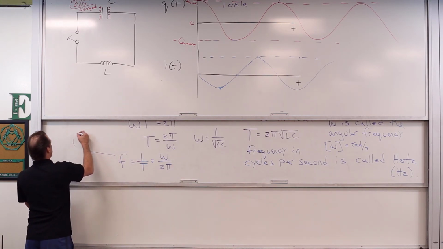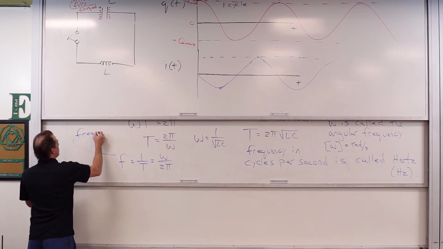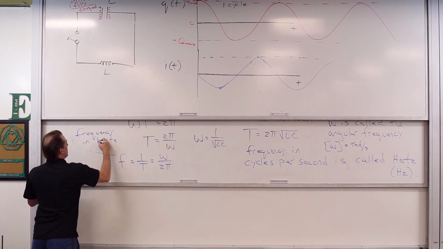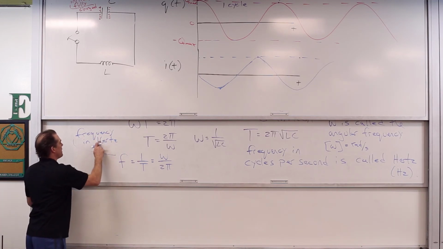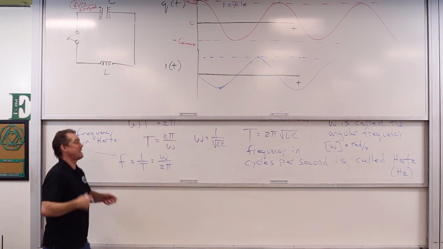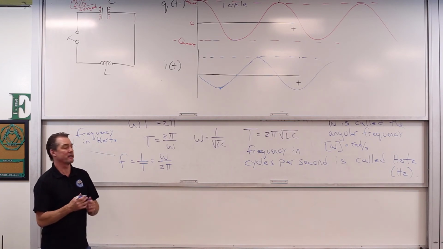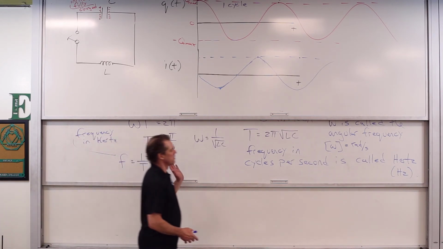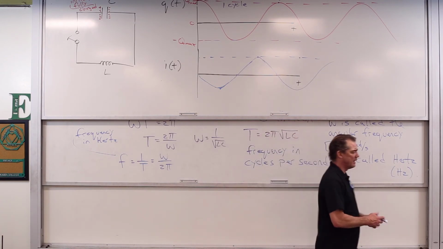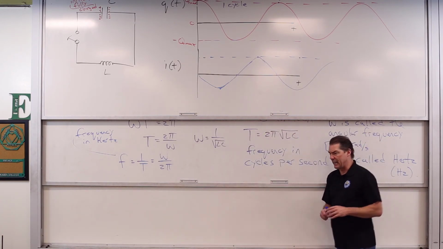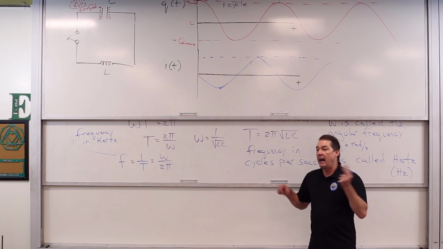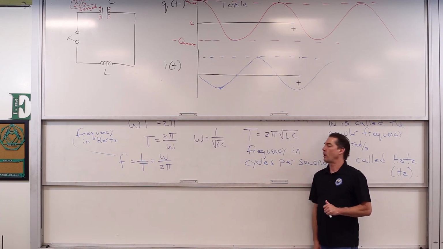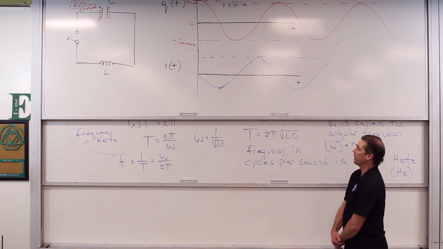This is frequency in hertz, which is a lot of times easier to discuss because it's cycles per second. We just call it hertz. So 60 hertz, 60 cycles per second. Talking about things in terms of angular frequencies, radians per second, isn't super intuitive in getting an understanding of how quickly things are occurring in a cyclic manner.